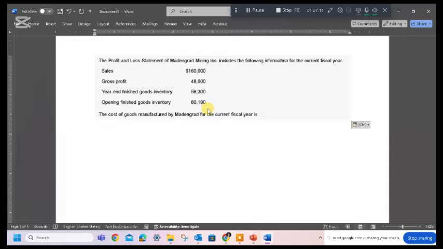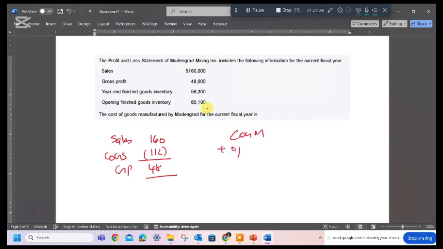Look here, sales is given, gross profit is given, so I can find cost of goods sold. 160 minus 48 means 112 it is going to be. Cost of goods sold, what's the formula? Cost of goods manufactured plus opening finished good inventory minus closing finished good inventory is cost of goods sold. This is 48. Opening finished good inventory 60,190.